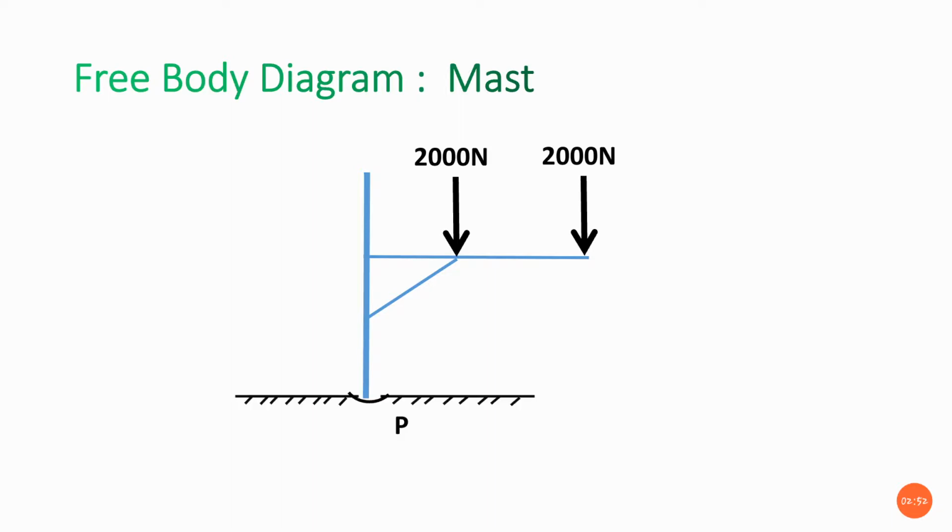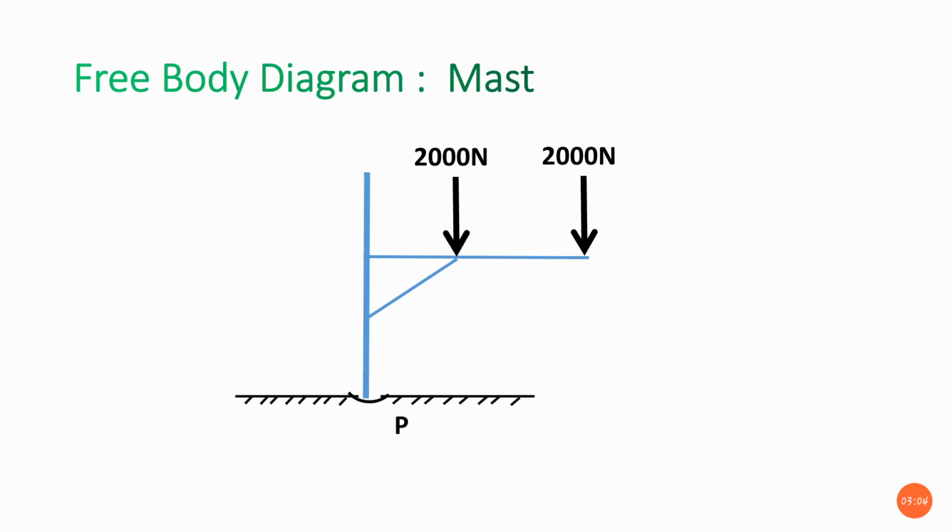So here I have taken the mast again. Okay, this is the mast, and next the loads are acting. As we know, while drawing the free body diagram, first we need to remove the supports and then show the reaction forces by assuming the motion of the body.